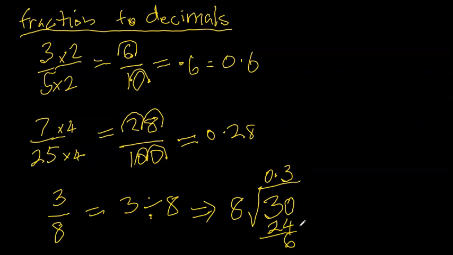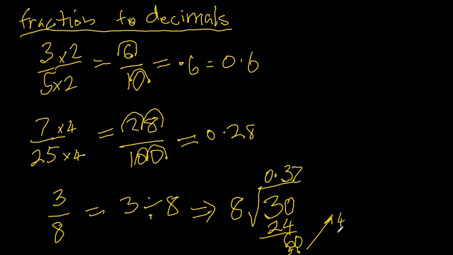And then we keep adding zeros. We add a 0 here. 8 into 60 is going to be 7, and 8 times 7 is 56. If we find the difference between 60 and 56, we get 4.